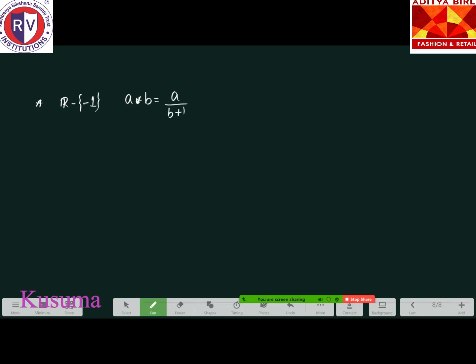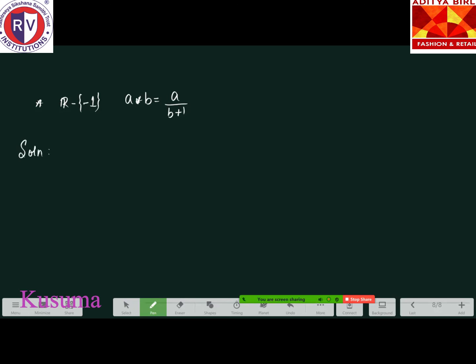We have to find out whether the star is associative and commutative. Option B, star is neither associative nor commutative. Option C is star is commutative but not associative. And option D is star is associative but not commutative. Okay, so let us see what happens to the commutative and associative property for the given star.